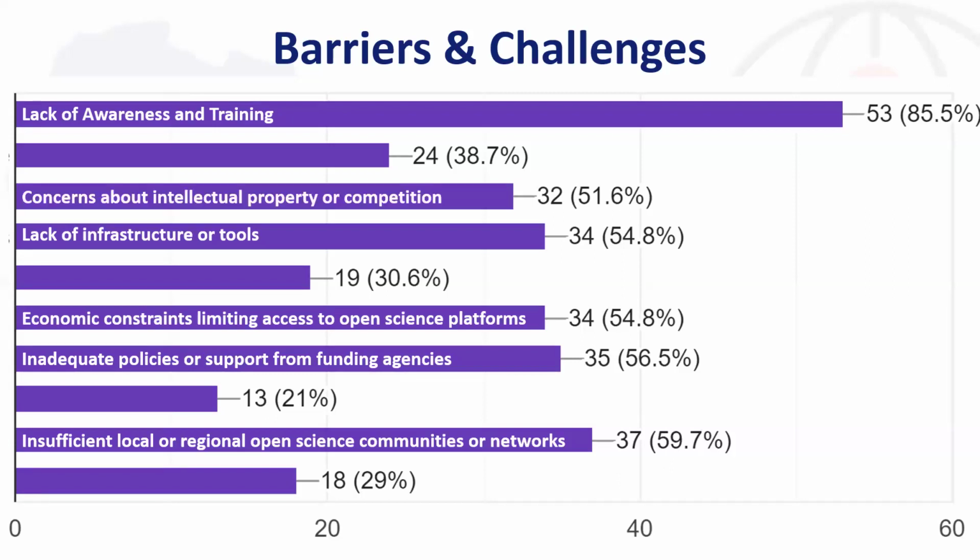And then there was concern about intellectual property or competition. A lot of researchers are concerned that when they share their data openly or they share their research as preprints and so on, there could be a possibility of scooping. Someone could scoop my research on a preprint server and then quickly go and publish it. I mean, what are the rules around these things?